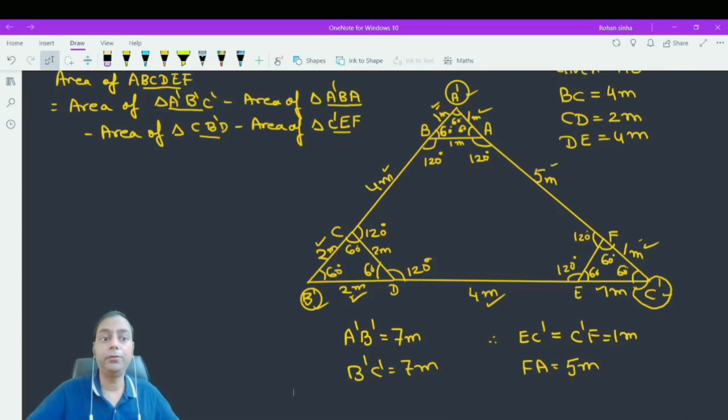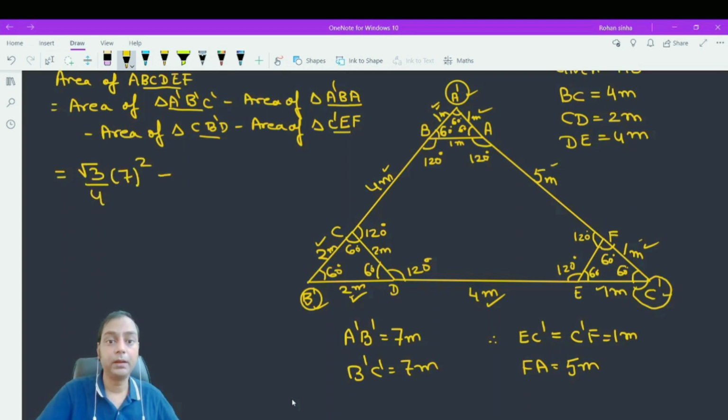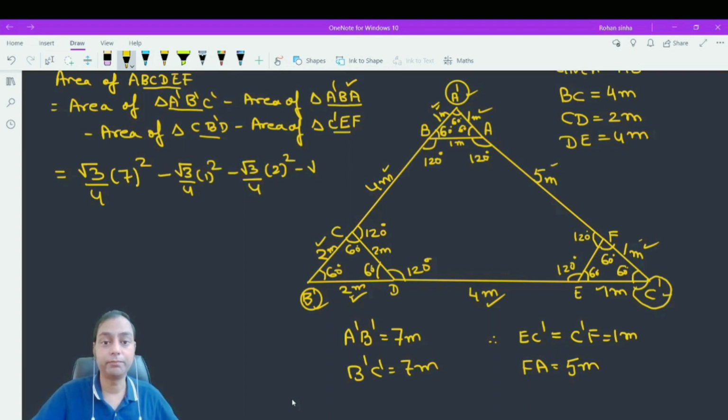Now putting the values, what do we find? What is the length of side of triangle A dash B dash C dash? This length of side is 7 meters, so the area is root 3 by 4 into 7 square. What about the length of side of triangle A dash BA? 1 meter, so this is root 3 by 4 into 1 square, minus root 3 by 4 into 2 square, minus root 3 by 4 into 1 square.